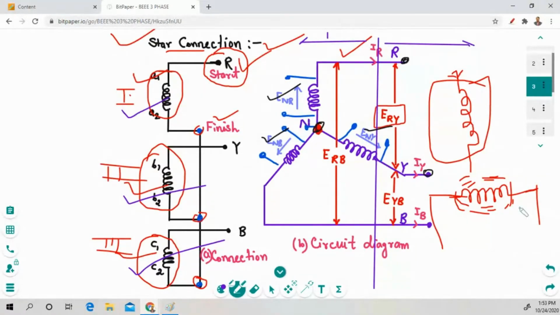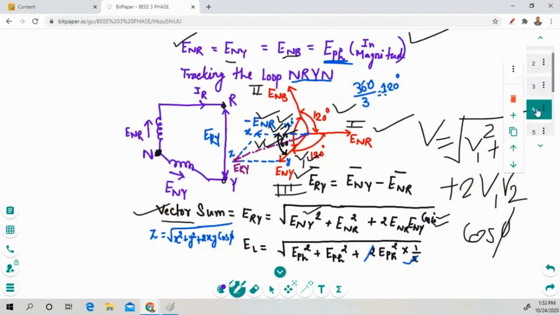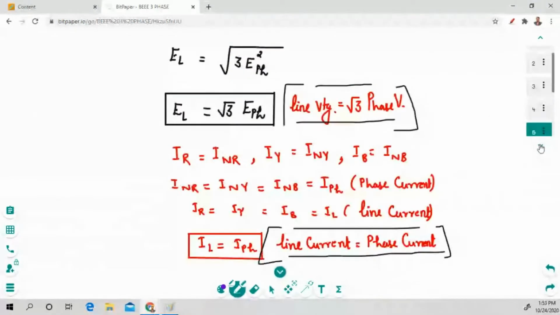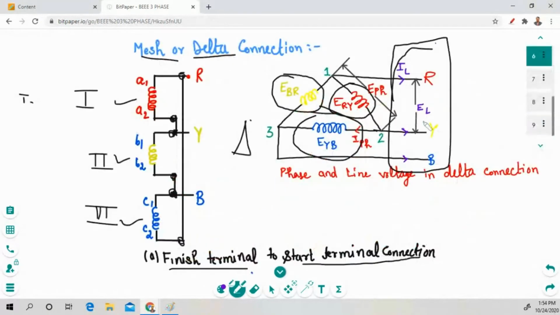The voltages across these windings are called phase voltages, whereas the voltages across these lines are called line voltages. Same in the case of current. We have derived the equations for phase voltages and currents: the line voltage is equal to root 3 times the phase voltage, whereas line current is equal to the phase current in the case of star connection.